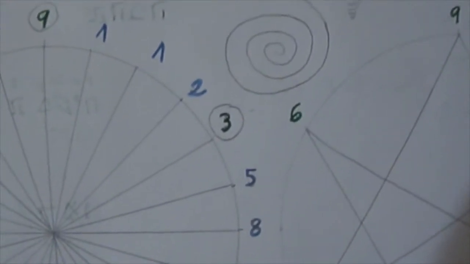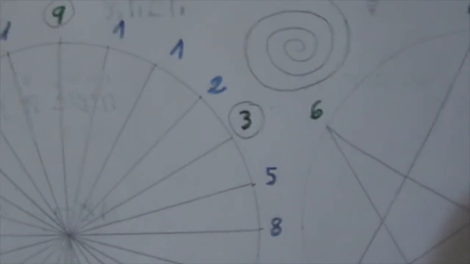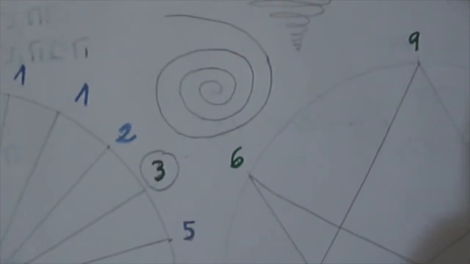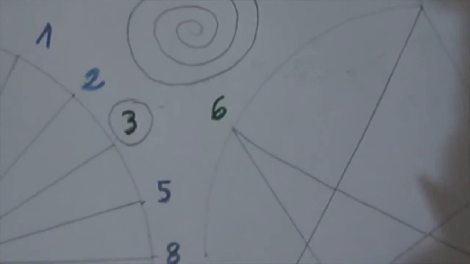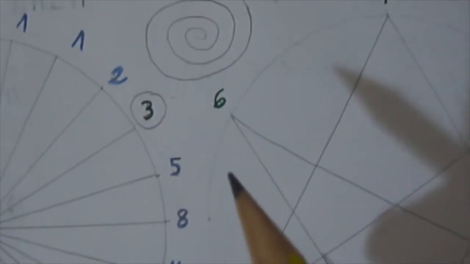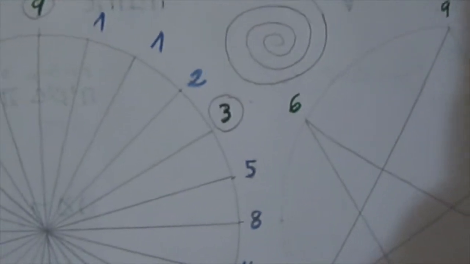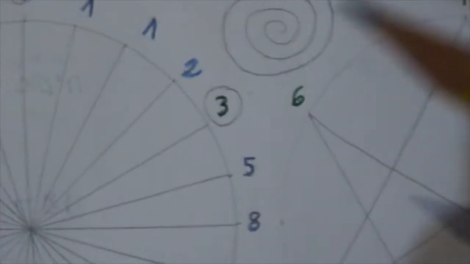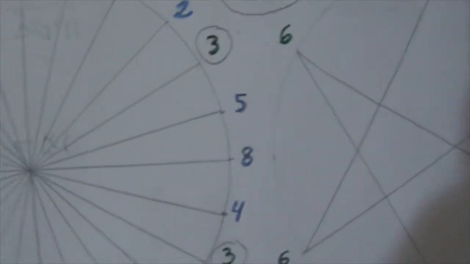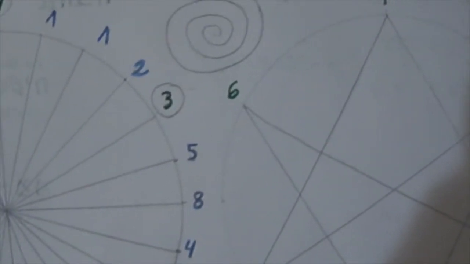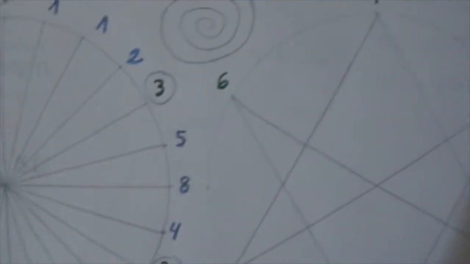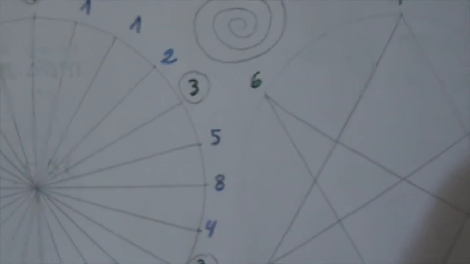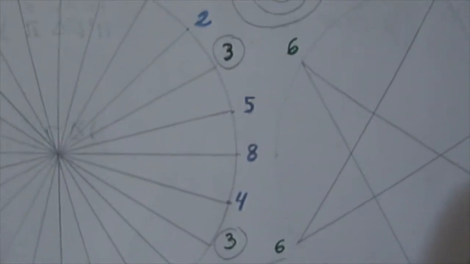The harmonic series itself is a spiral, and this spiral has a very peculiar characteristic, which is the so-called golden proportion, the golden section that we find in galaxies, in the growth of our hair around the crown, the growth of rings in a tree, the growth of leaves around the tree.